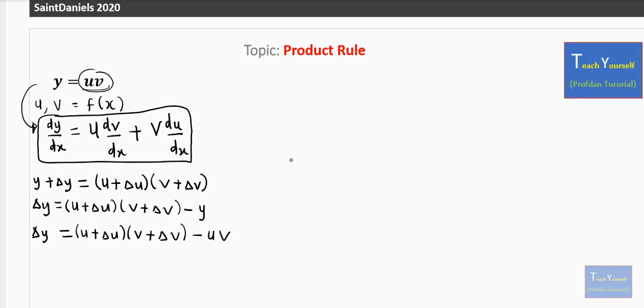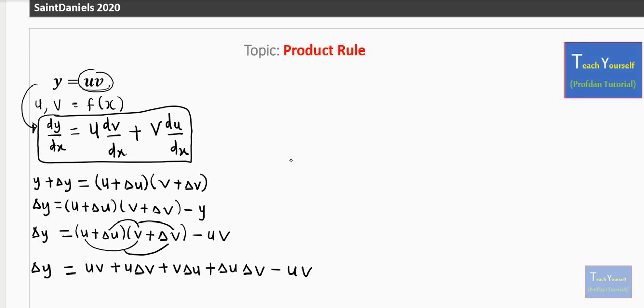Now we can expand this bracket, where u multiplies everything inside the bracket, and the increment in u also multiplies everything inside this bracket. So if we have that, we can have our increment in y to be equal to the expansion.